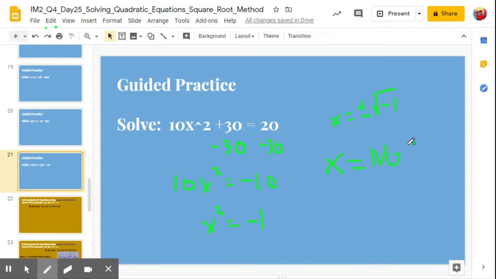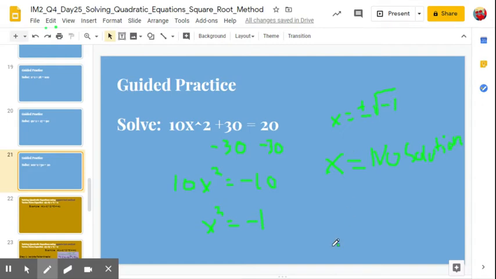All right, and I will just say this as a disclaimer. Down the road in your math career, probably pre-calculus, you're going to learn something about imaginary numbers. And when you learn about imaginary numbers, that's going to be a solution for a negative square root.